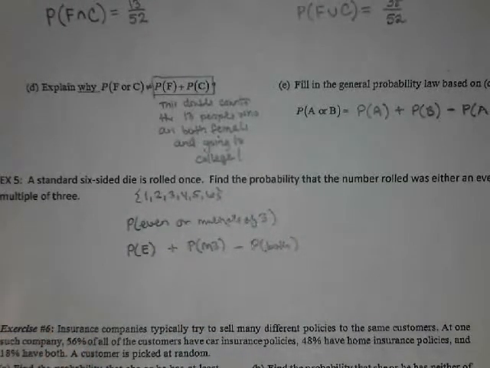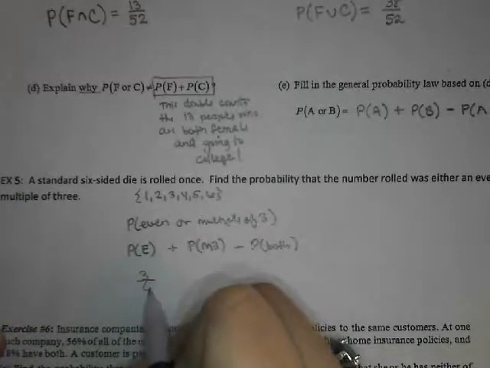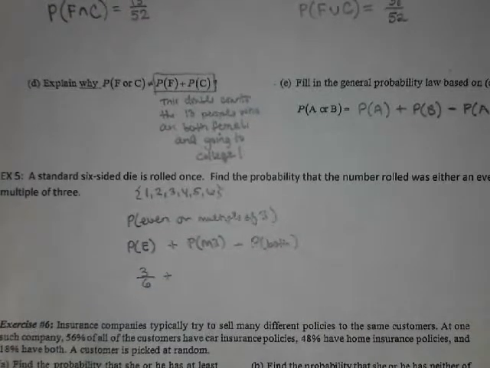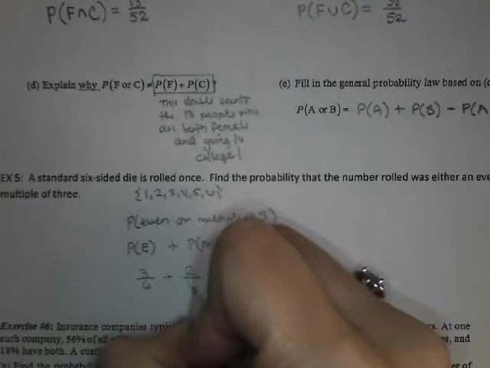Tyler, what's the probability of being even? 3 out of 6. Very good. Yeah, we'll reduce later. I actually don't want to reduce this early on because I might change the denominators, then I won't have a common denominator for addition anymore. So I won't do the same work twice. Probability of having a multiple of 3? 2 out of 6. 2 of those numbers are multiples of 3, the 3 and the 6.